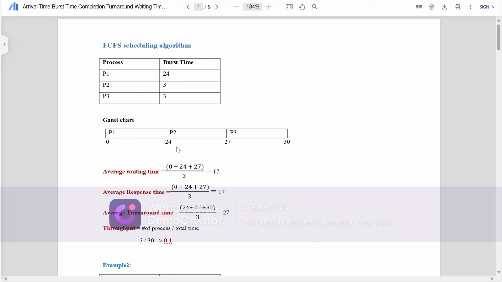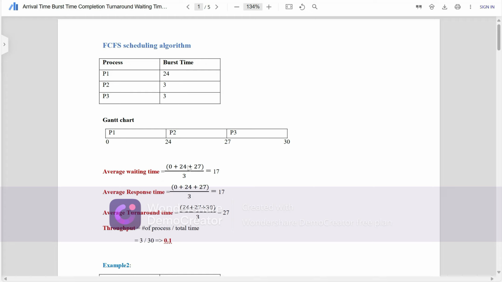In order to find the waiting time of P2, P2 arrives after P1. So P1 completes up to 24. Burst time of P1 is 24. So how much time does it wait? That is 24.